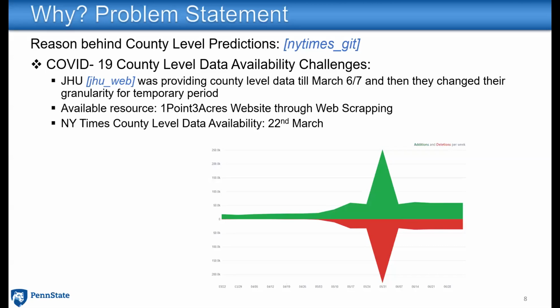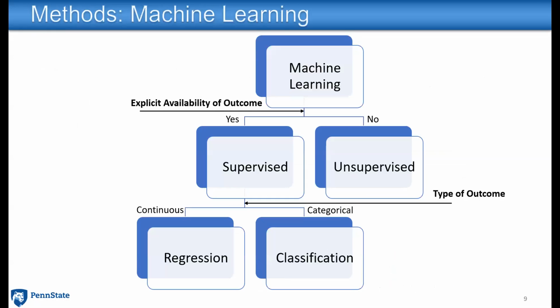NY Times did a really novel effort to provide county level data, but that data came from 22nd March. So if you look at this graph, that is when that repository on GitHub was created, which is halfway through the early stage of COVID-19. So we wanted to make predictions at this granularity, so effective decision making can be applied.